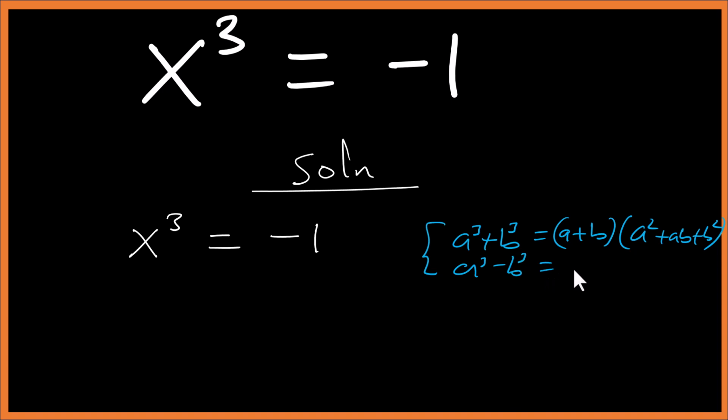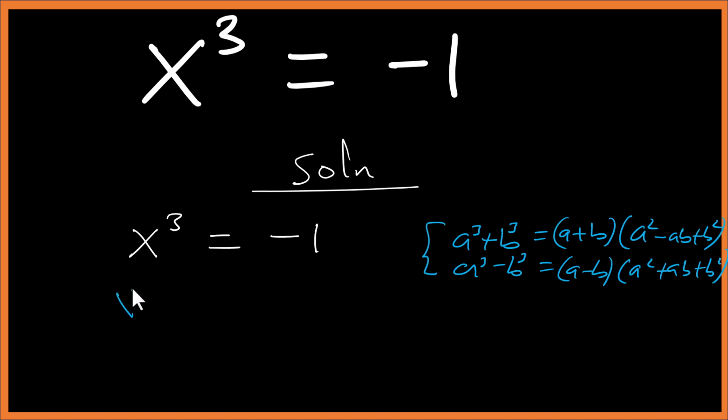Now when you have a cubed minus b cubed, this side is minus, so this will be (a minus b)(a squared plus ab plus b squared). So we have these identities.